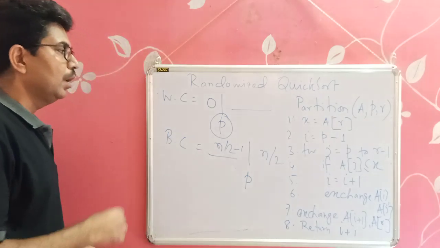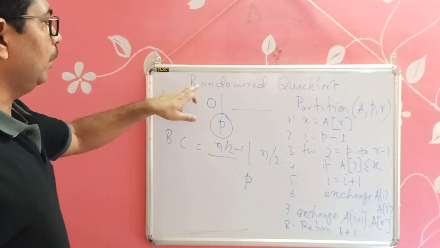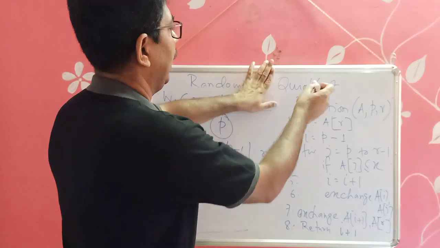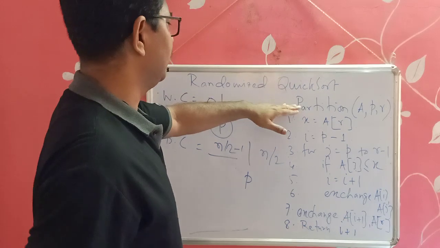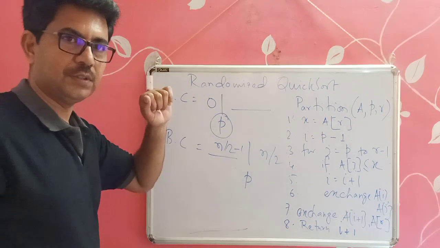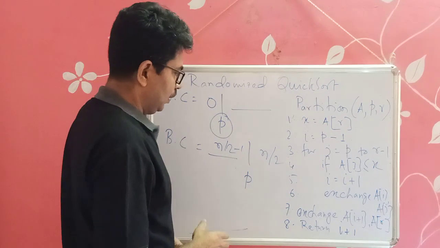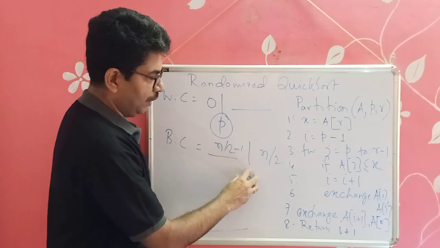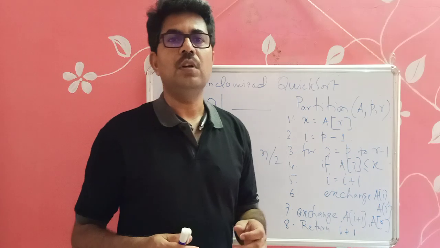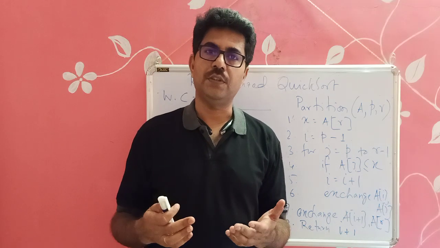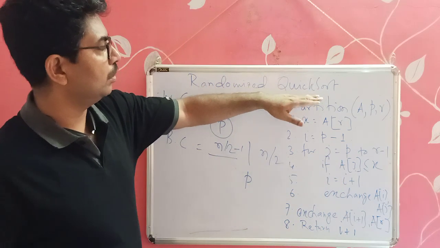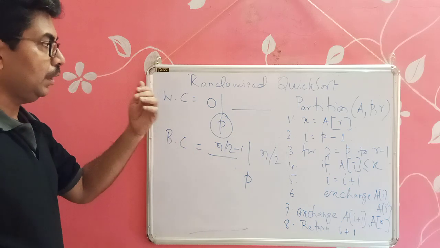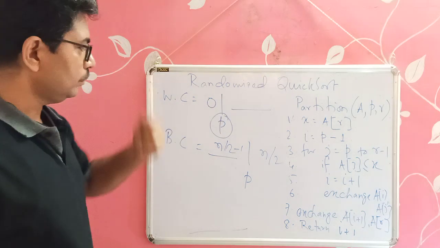Hence we have to follow an updated version of quicksort, known as the randomized version. Randomized means that the pivot element plays the role of deciding the complexity, or how effective the algorithm is.